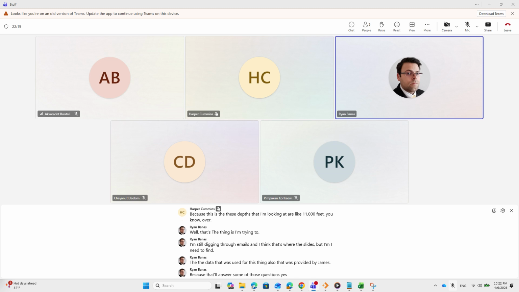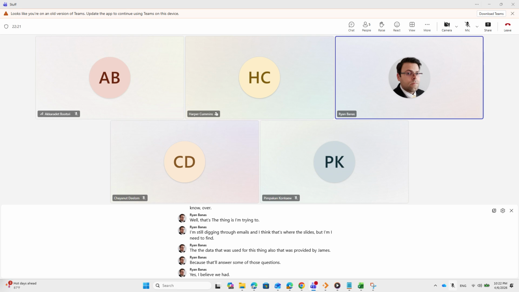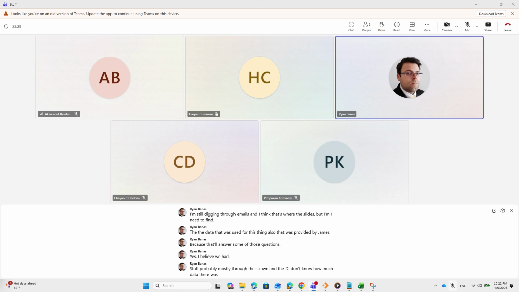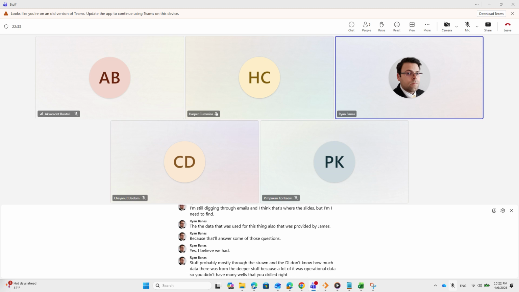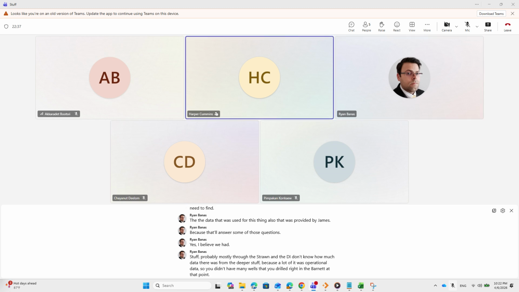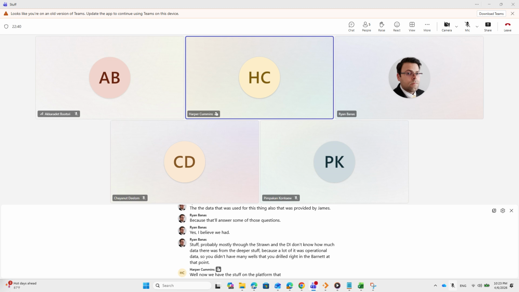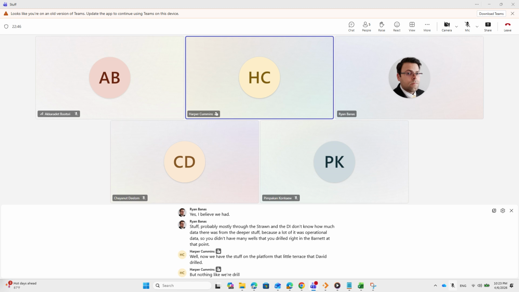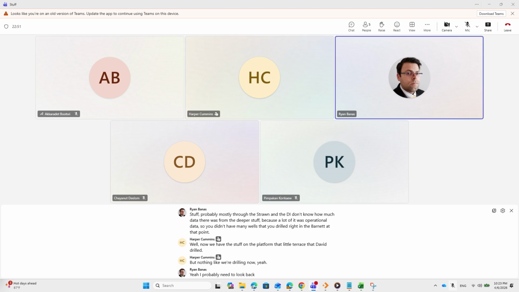Yes, I believe we had stuff probably mostly through the Strawn and the D. I don't know how much data there was from the deeper stuff, because a lot of it was operational data. So you didn't have many wells drilled in the Barnett at that point. Well, no, we had the stuff on the platform, that little terrace that Dave had drilled, but nothing like what we're drilling now. Yeah, I probably need to loop back with James and see if he organized it.